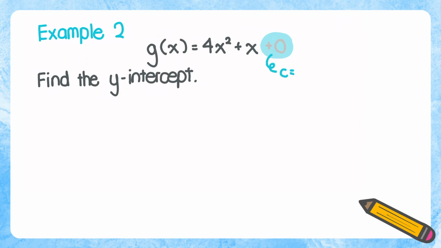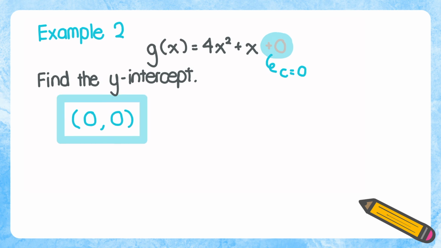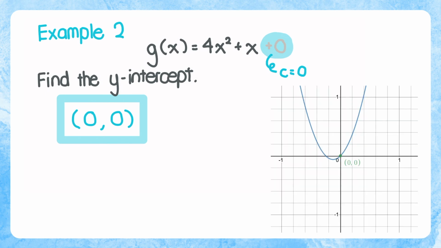So in this case, c equals 0, so our y-intercept is at (0, 0). Again, the y-intercept is simply (0, c). Here's the graph of the function. Notice it crosses the y-axis at the point (0, 0).